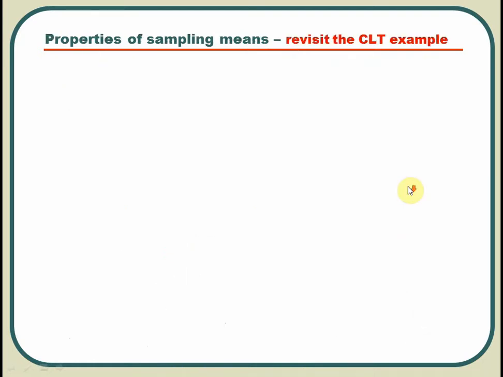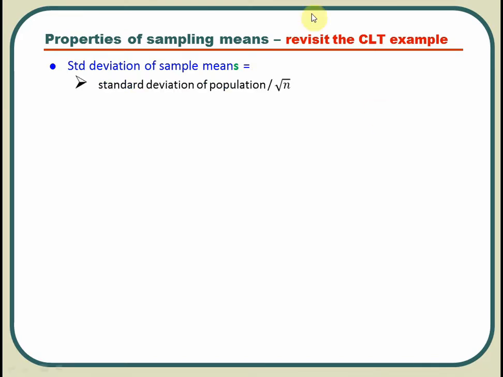Now if you remember the property of the central limit theorem, whatever is the spread in the individual data, the spread in the sample means is much less, and it is given by the standard deviation of the population, or the standard deviation of individual items, divided by root n. That gives you the standard deviation of sample means.